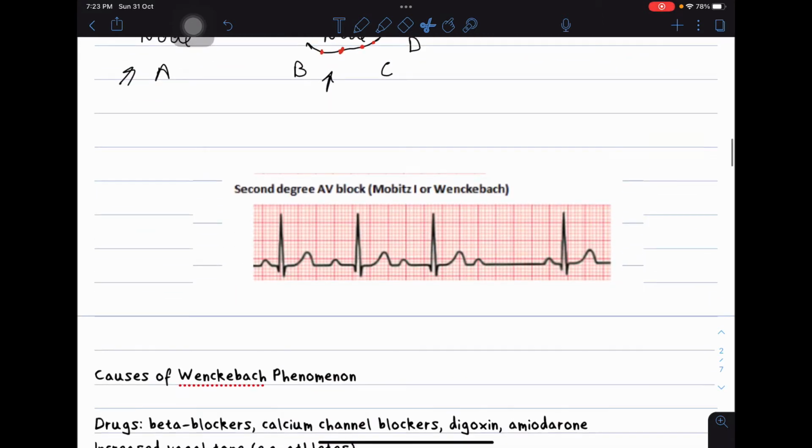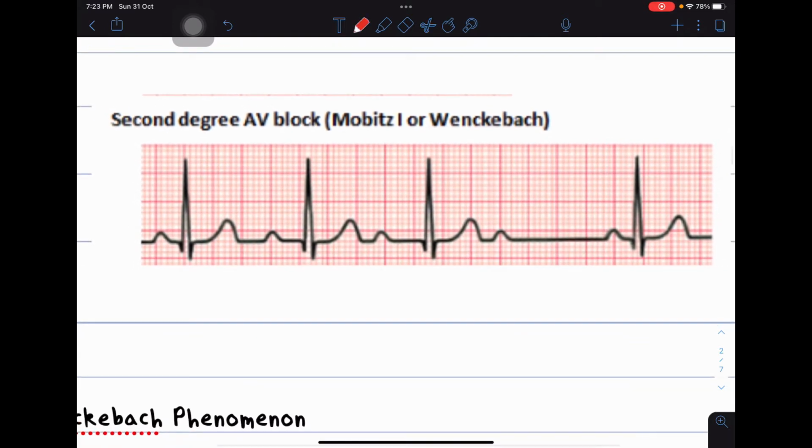And how are we going to see it? We check the PR interval. In this one, the PR interval is around this much. If we check the next one, the PR interval, as compared to the previous one, is increased. If we go to the next one, the PR interval is even more increased as compared to the previous ones.